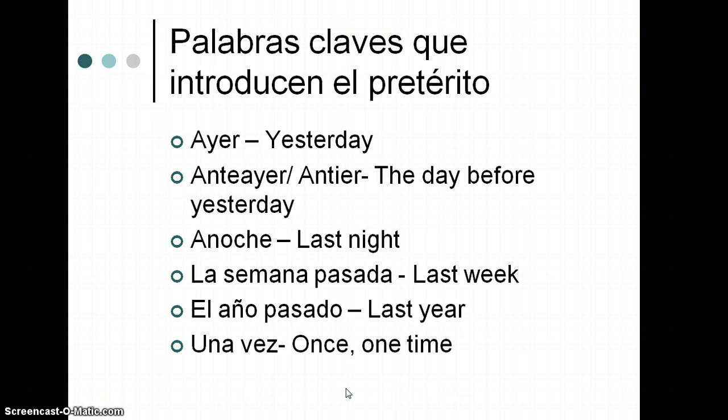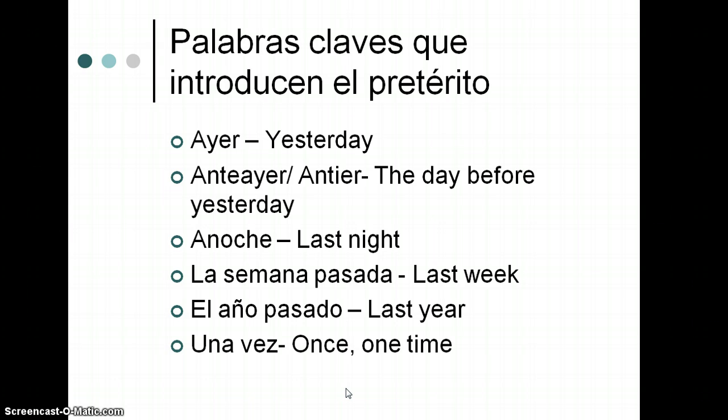The following are expressions that we typically see when the preterite is being introduced. Ayer, yesterday. Anteayer or antier, either one is fine. The day before yesterday. Anoche, last night. La semana pasada, last week.